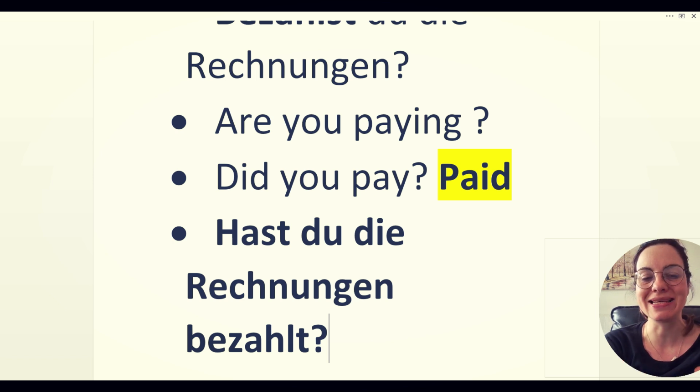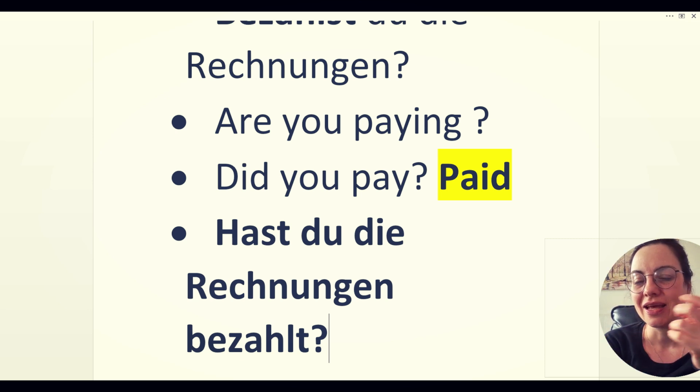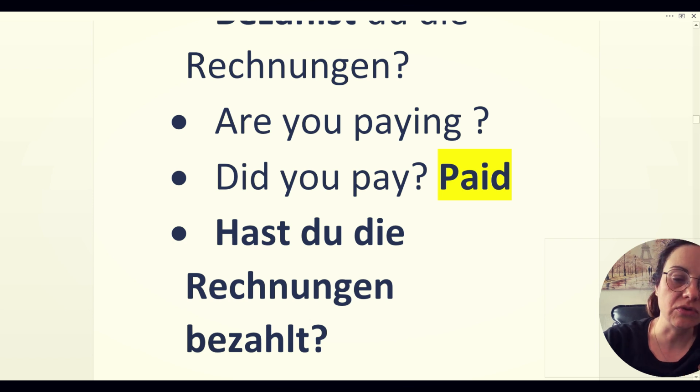With bezahlen, we don't say gebezahlt, just bezahlt. Verstehen, we don't say geverstanden, just verstanden. So when verbs have these inseparable prefixes, be, ver, we don't put ge, that's the rule when we form the past participle of the verbs. Okay, so hast du die Rechnungen bezahlt.